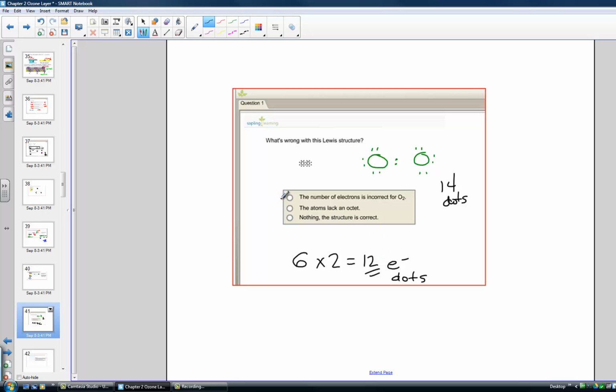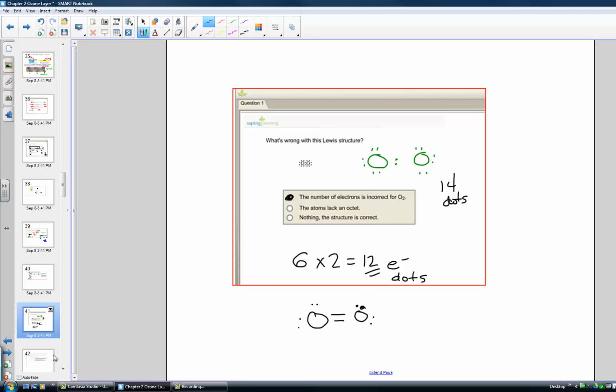Well, that's not right. So I have too many dots in the structure. To get the oxygen to have an octet with only 12 electrons, that's how we introduce the double bond. Here's the oxygen double bonded to an oxygen to create an octet, but it's done with only 12 electrons.